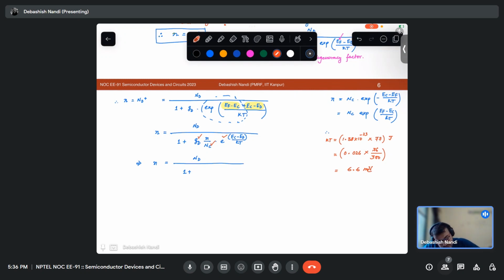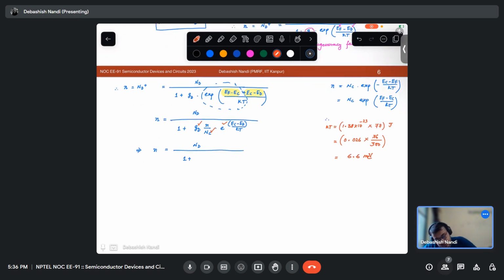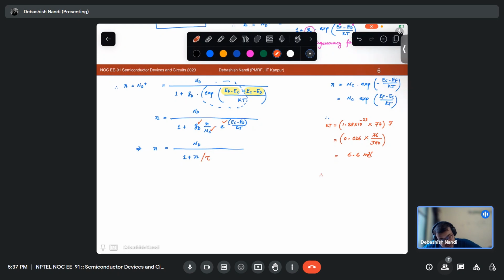So what I will do is combine this into some quantity, let's say 1 over tau. So what is my tau? Tau is nothing but Nc over Gd exponential minus Ec minus Ed over Kt.